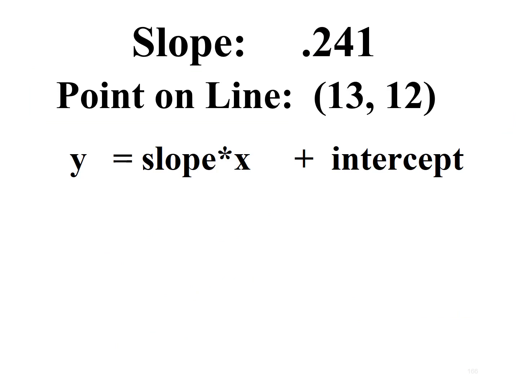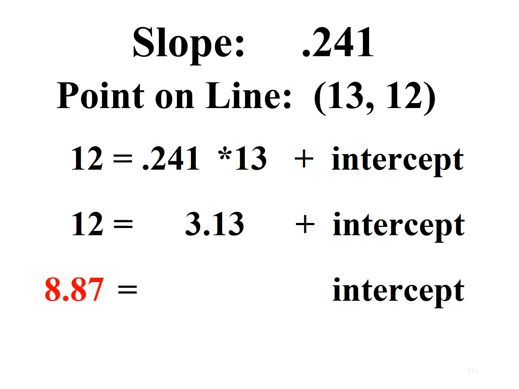Then we solve for the intercept, so we plug in 13 into x, and then 12 into y, and then the slope. From here, we solve for the intercept, and you should have an intercept of 8.87.